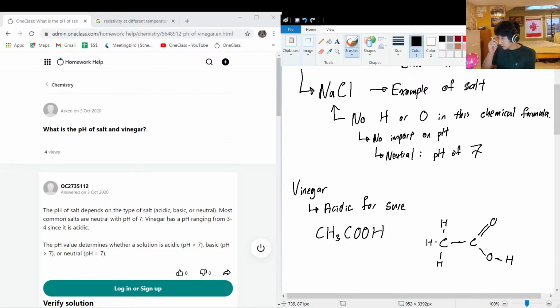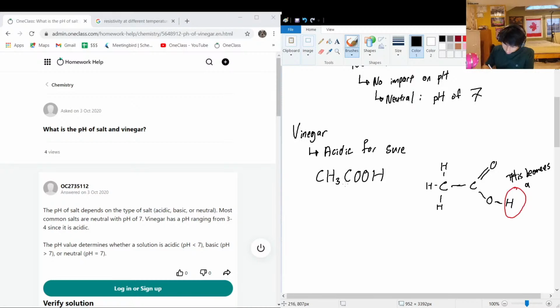So when this becomes acidic, it is this hydrogen right here. I'll circle it out in a different color. So it's this one right here, this hydrogen, which becomes a hydronium ion in solution.